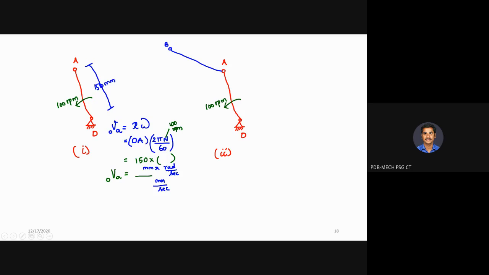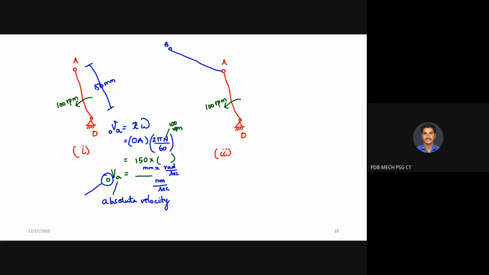Is it clear? Okay, so we can call this the absolute velocity. Why? Because this is a fixed point. Yes, we are measuring the velocity of a particular point A that is rotating with reference to a fixed point. So whenever you are determining the velocity of a moving point with reference to a fixed point, it is said to be an absolute velocity.